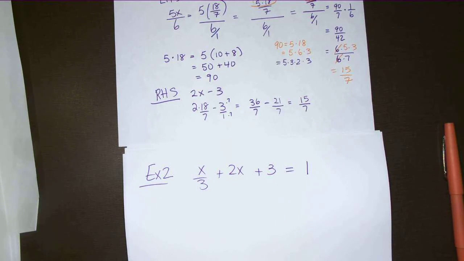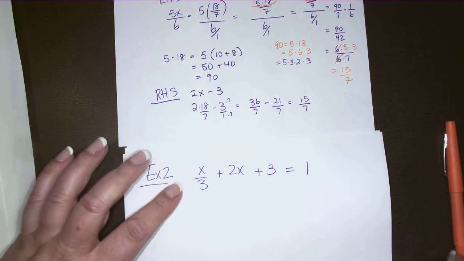So leave the x over 3 on one side, move everything to the other side, and then cross multiply. That always will work. What's another technique that you learned? What could you do here that is not cross multiplying? Yeah, okay, you could put them all over 3 as a common denominator, but what's another option?